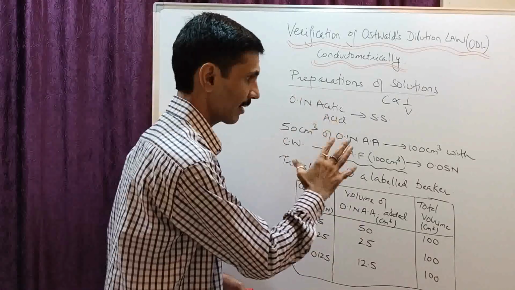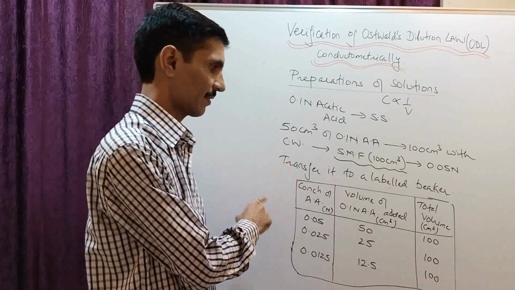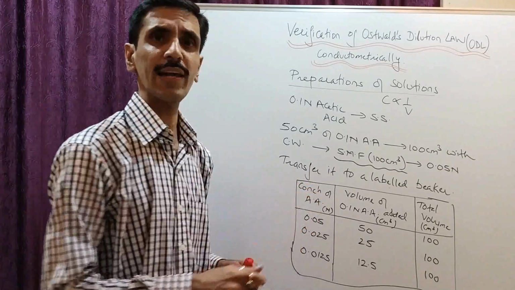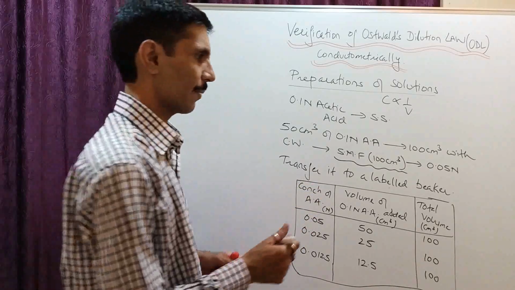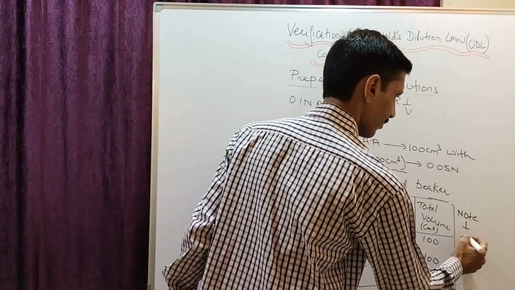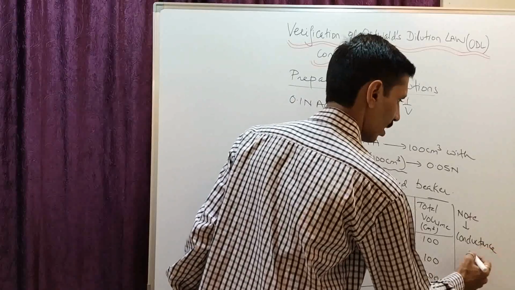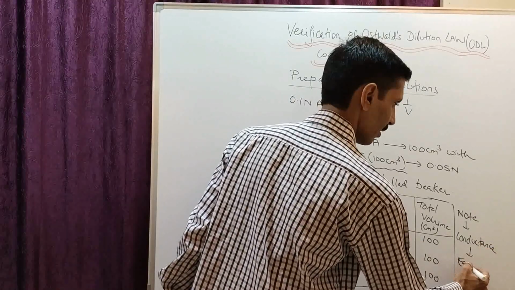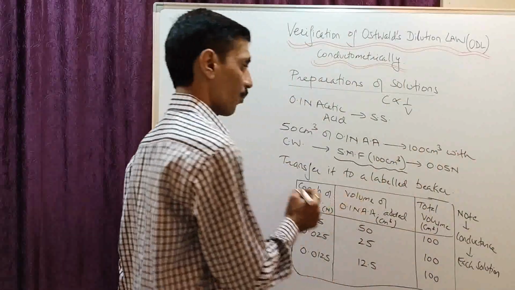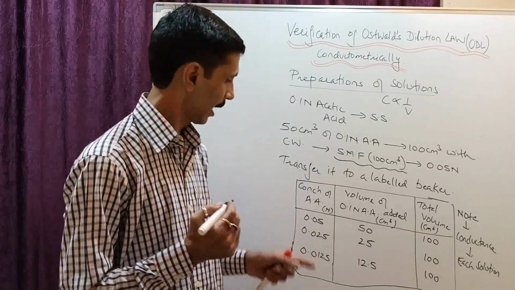So this, my dear friends, is the major part of the preparation of the solutions, and then you note the corresponding conductance value. तो यहाँ पे मैं लिख देता हूँ, note the conductance value of each solution. इसमें आपको 0.1 का भी लेना है, याद रखिएगा. जो स्टॉक सोल्यूशन है वो भी लेना है और प्लस ये.